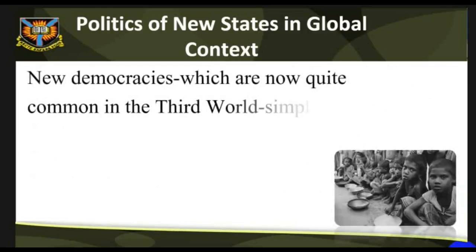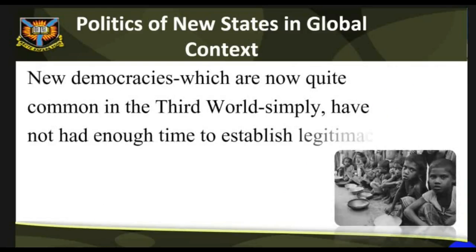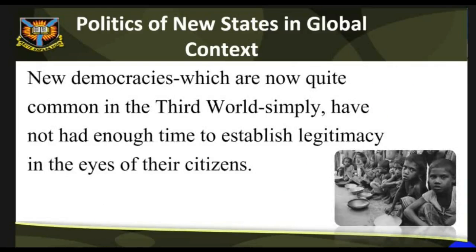New democracies, which are now quite common in the Third World, simply have not had enough time to establish legitimacy in the eyes of their citizens. Whatever the cause, states with weak legitimacy are particularly prone to political violence, radical and sudden changes such as military coups d'etat, and government paralysis.